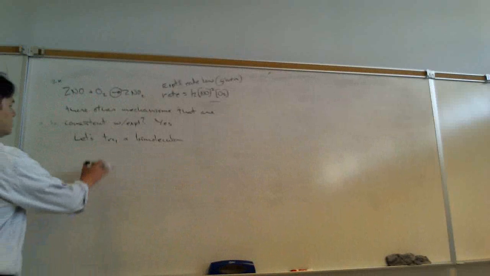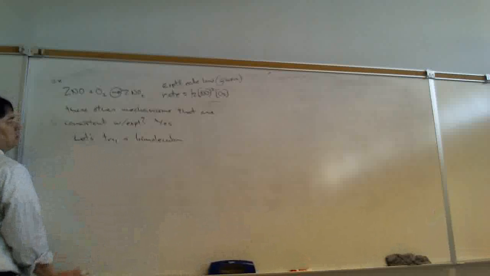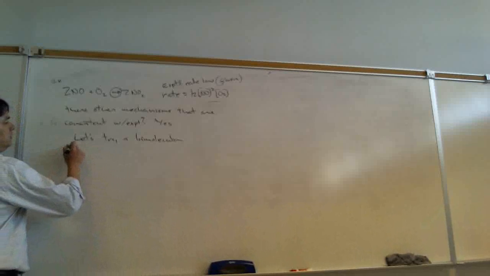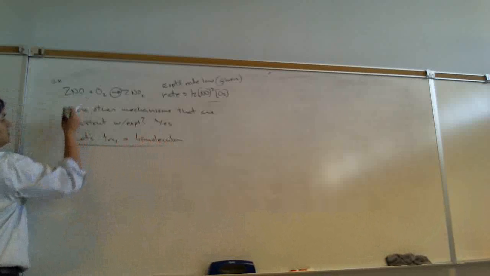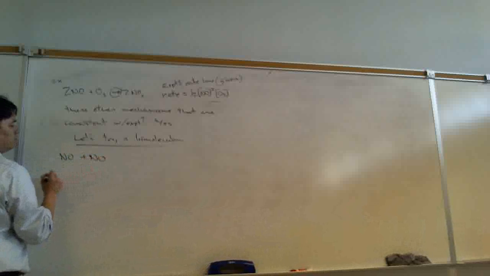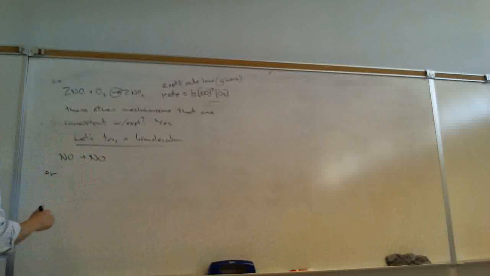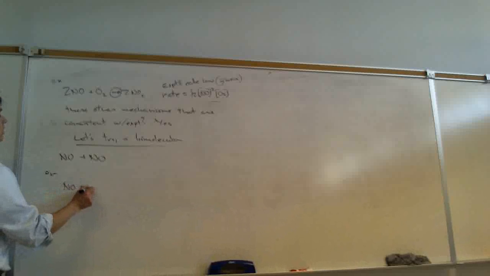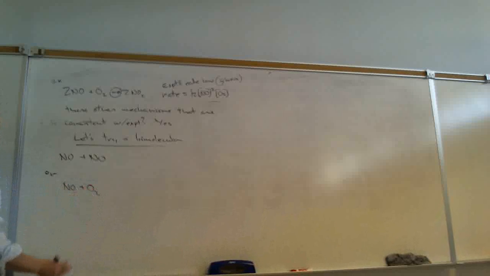So bimolecular collisions are much more common. So let's try a bimolecular collision. If we have a bimolecular collision, then we just take two molecules. Maybe it's one NO colliding with another NO. Or what's the other choice? I only have one more choice, which is an NO colliding with an O2. And so these are potential bimolecular collisions here.